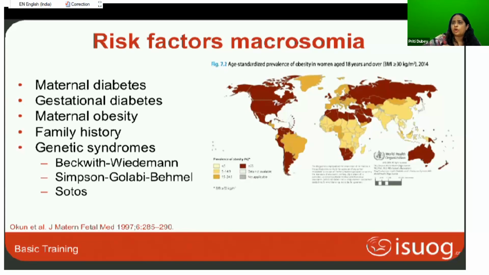The three most common syndromes associated with macrosomia are Beckwith-Wiedemann syndrome, Simpson-Golabi-Behmel syndrome and Sotos syndrome. I repeat, Beckwith-Wiedemann syndrome, Simpson-Golabi-Behmel syndrome and Sotos syndrome.